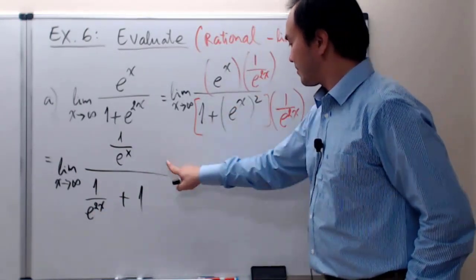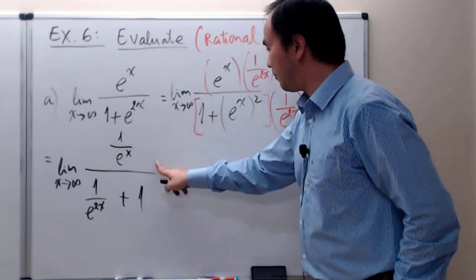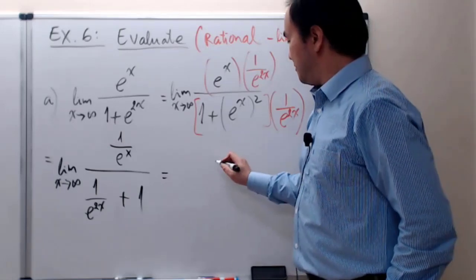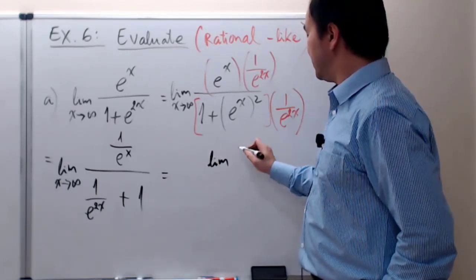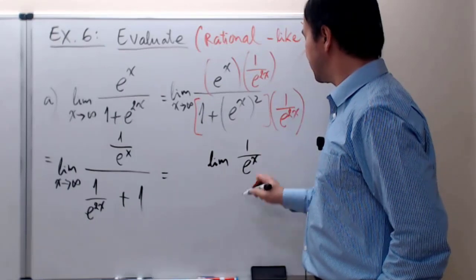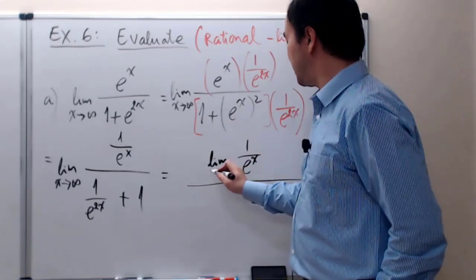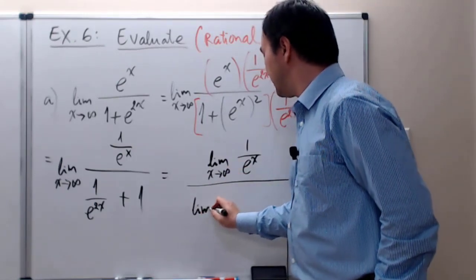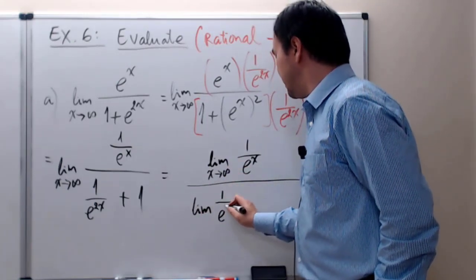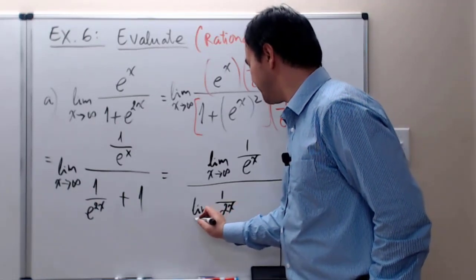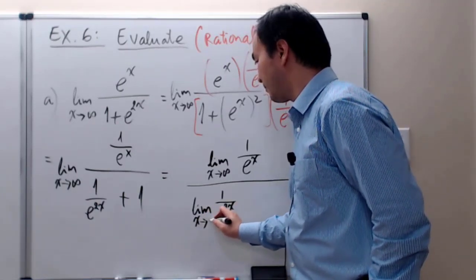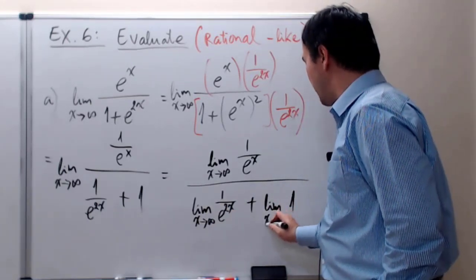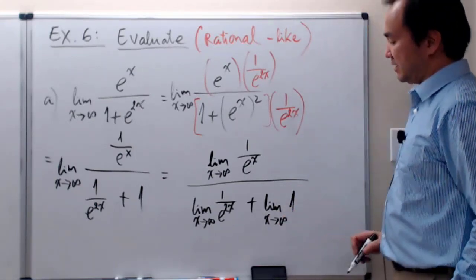But here we are ready to apply our basic limit laws. So this is the same as the limit of 1 over e to the x, divided by the limit of 1 over e to the 2x, plus the limit of the function 1, when x is approaching positive infinity.